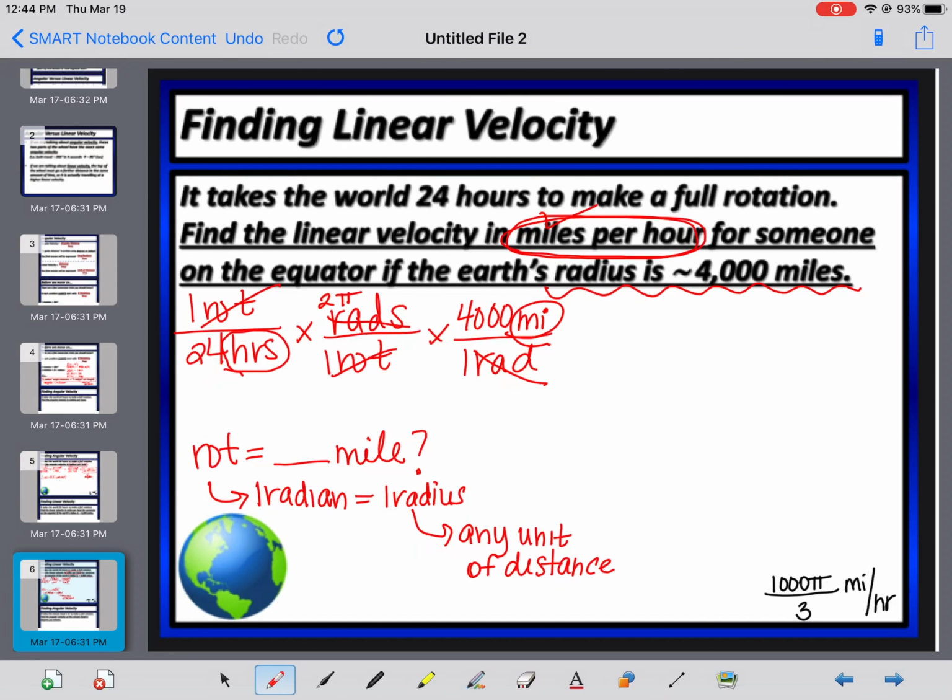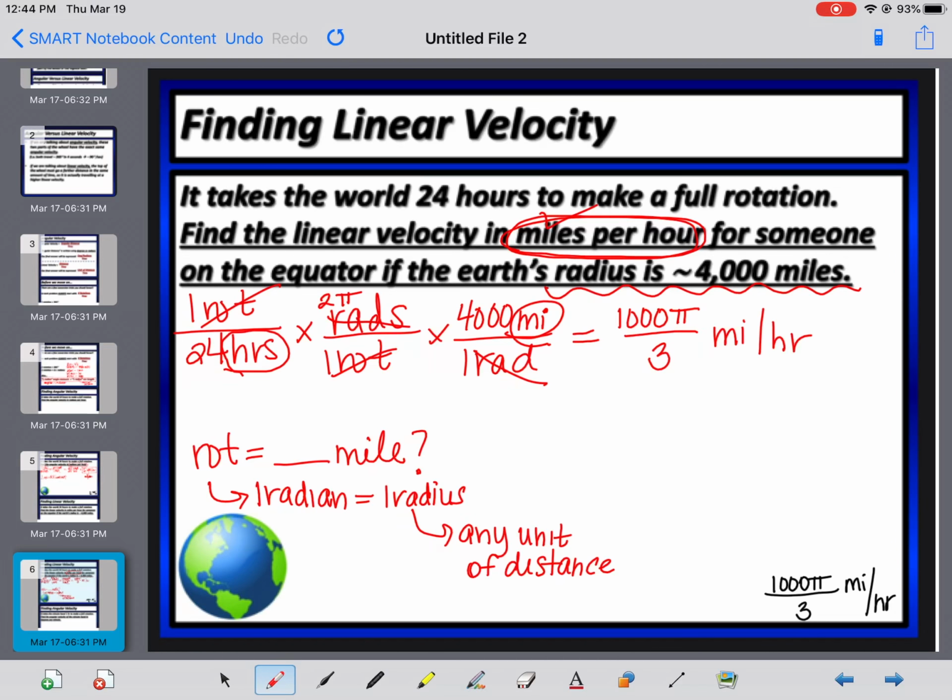Multiplying across the top and across the bottom, making sure to fully simplify, and you can leave this in terms of pi. We get 1,000 pi over 3 miles per hour.